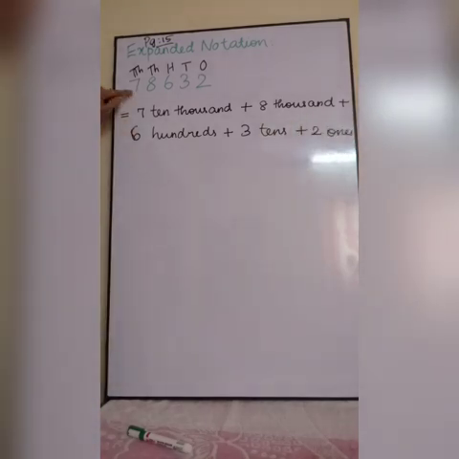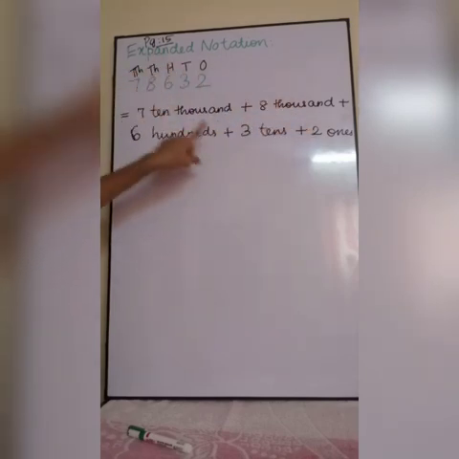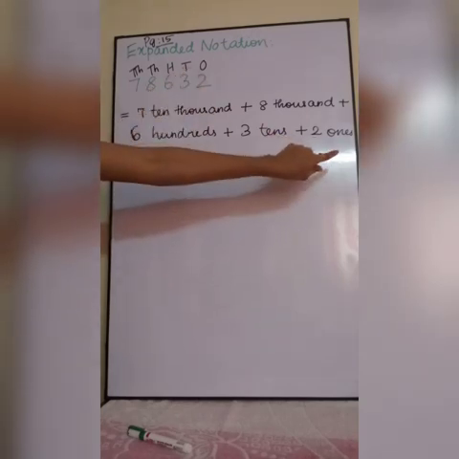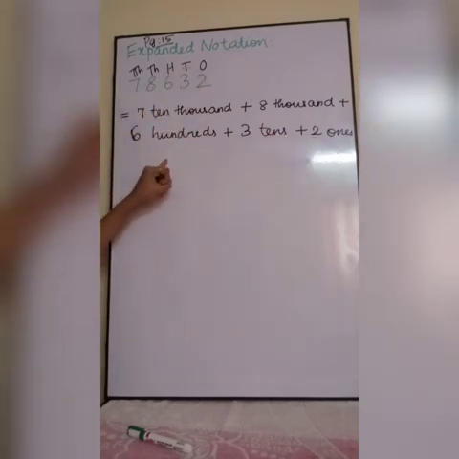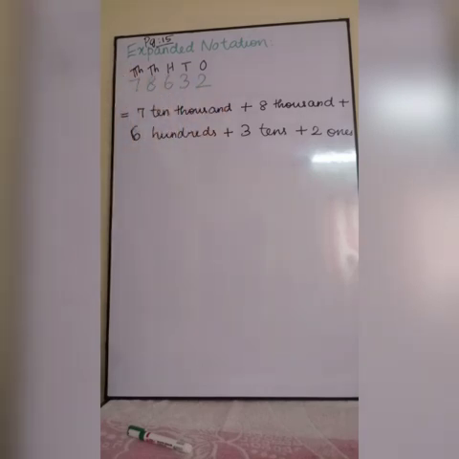Okay, see: 7 10,000s plus 8,000 plus 600s plus 3 tens plus 2 ones. This is one way of expanding. Okay, if you add all those things, you will get this number.